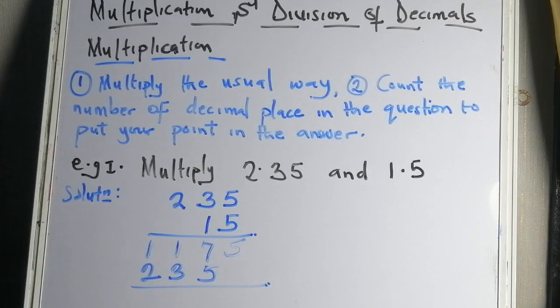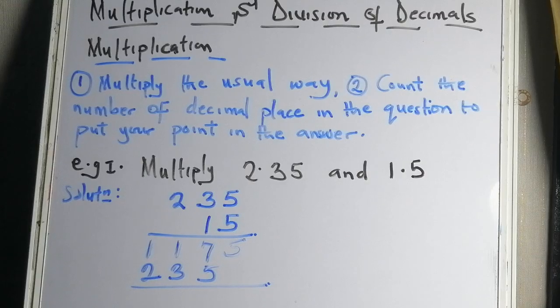So that is the manual multiplication of numbers, 235 times 15. We're not considering the point this time because step 1 says multiply the usual way, 235 times 15 without using a calculator. 5 times 5, 25. 5 times 3, 15, plus the 2 you carry, 17. Carry 1. 5 times 2, 10, plus the 1, 11. Carry 1, then drop the remaining 1 at the back.